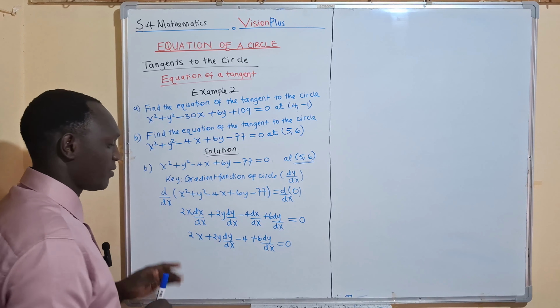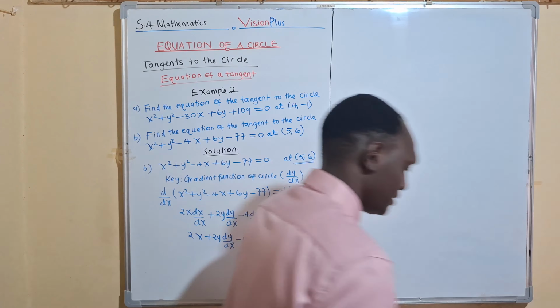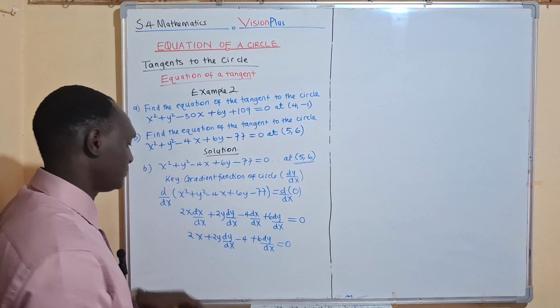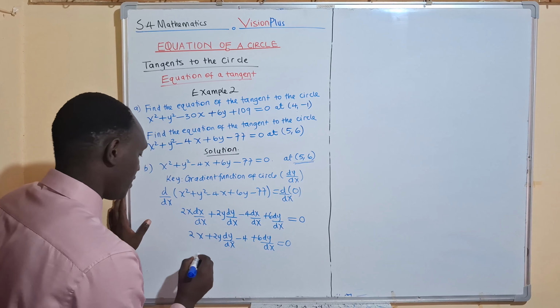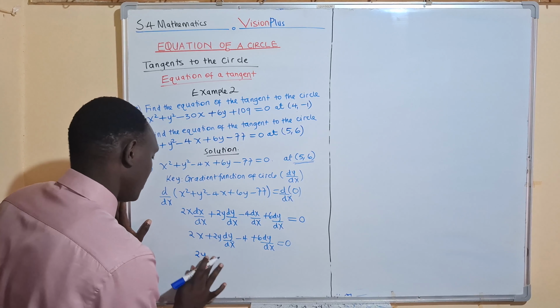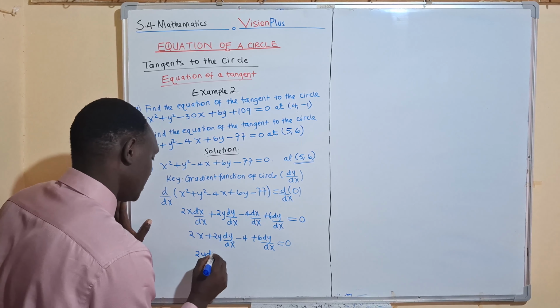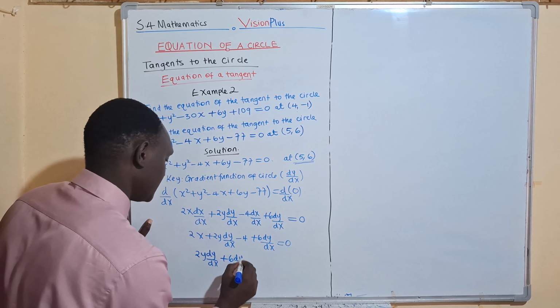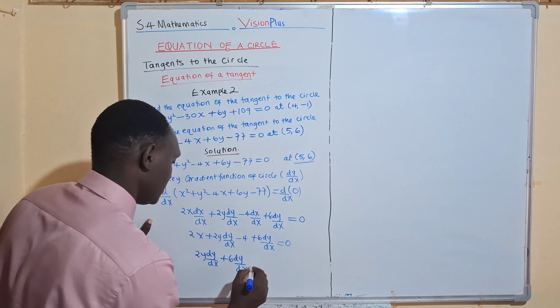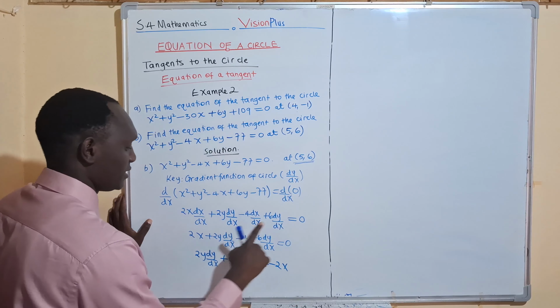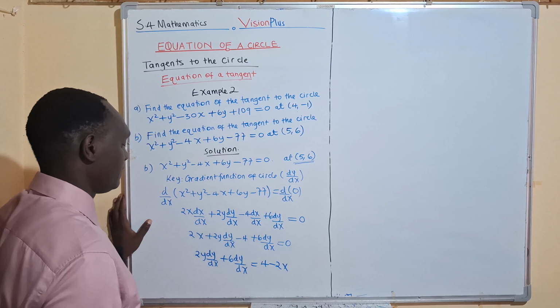Let us make dy/dx the subject of the formula. I will have 2y dy/dx plus 6 dy/dx equals 4 minus 2x, when we carry this to that side.